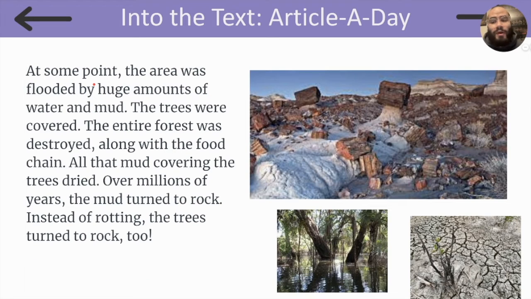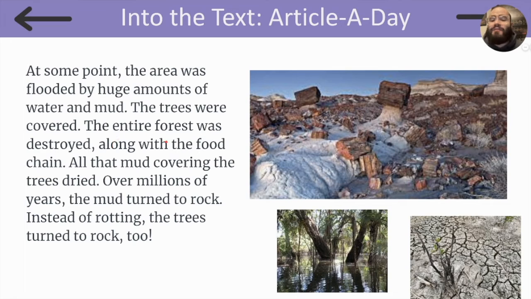At some point, the area was flooded by huge amounts of water and mud. The trees were covered. Here, we see an image of a flooded forest. This is what it looked like about 200 million years ago when the forest flooded.